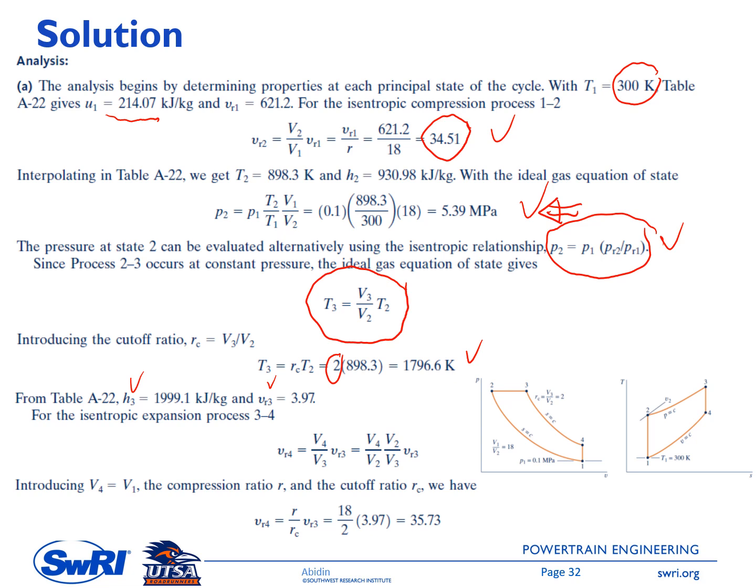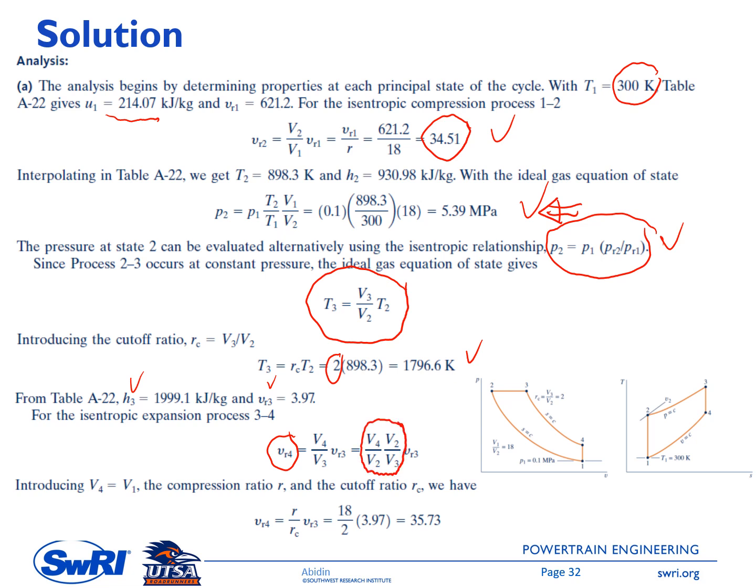Okay, and then we use volume ratio and VR ratio to get VR4. Okay, and here you need to do some manipulation. VR4 equals V4 over V3. Okay, but we don't have the value of V4 over V3, but you can manipulate V4 over V3 by using this formula.